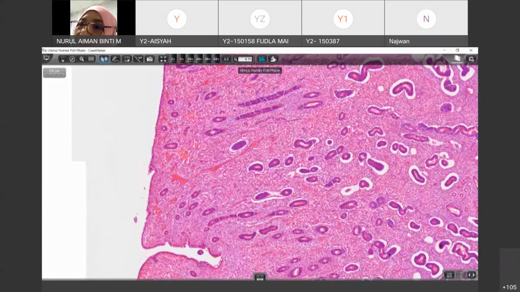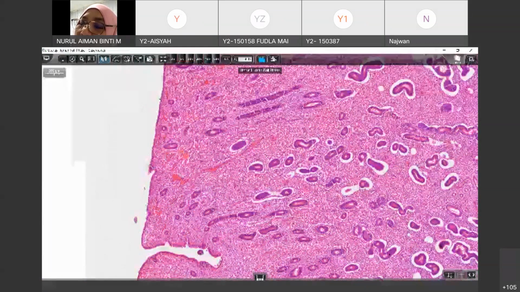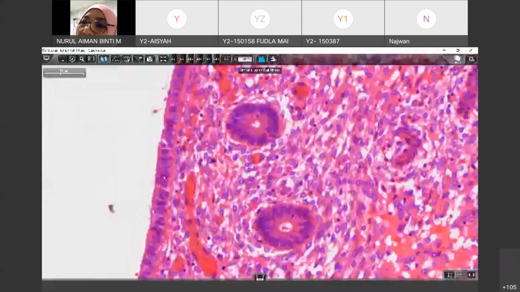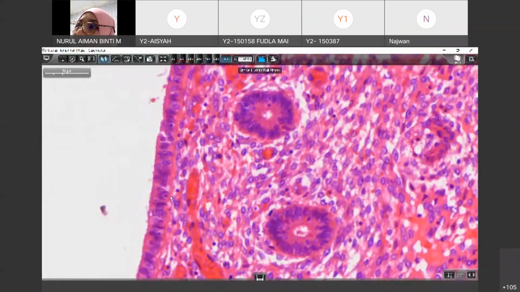Okay, this is the surface epithelium. Look at the surface epithelium of the uterus. It is lined by what? Simple columnar. Okay, good. Simple columnar epithelium has two types, right? What are the two columnar types?